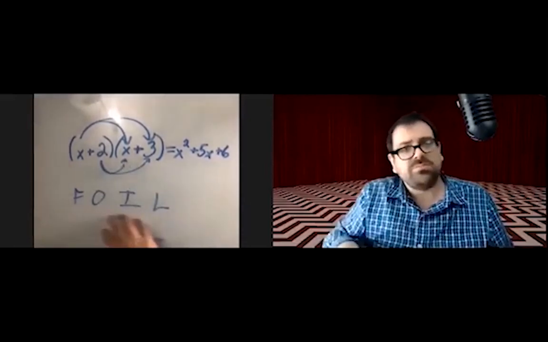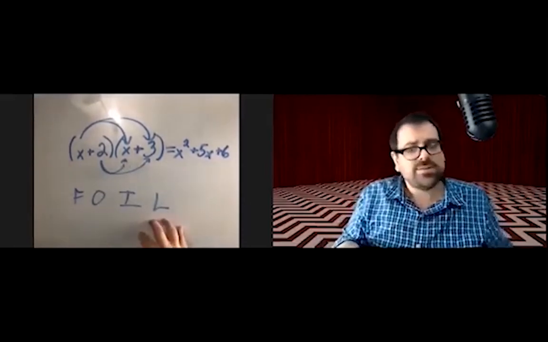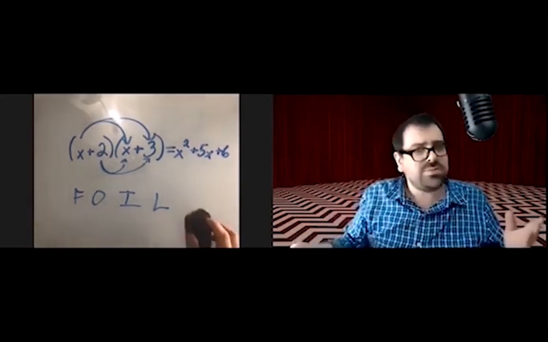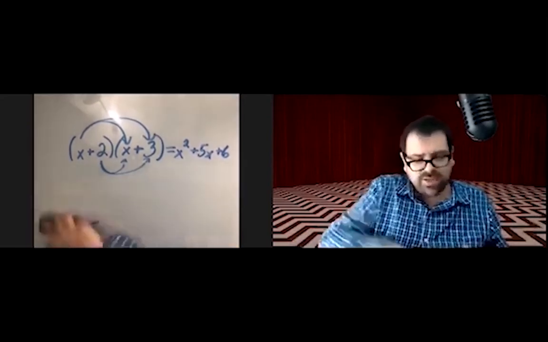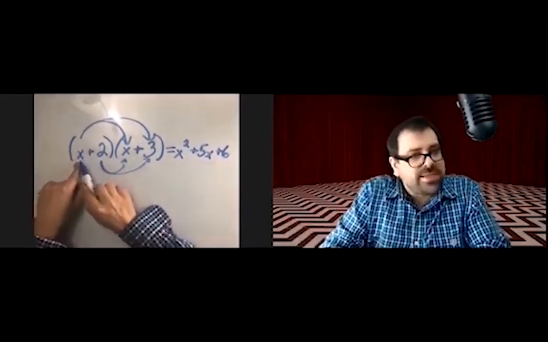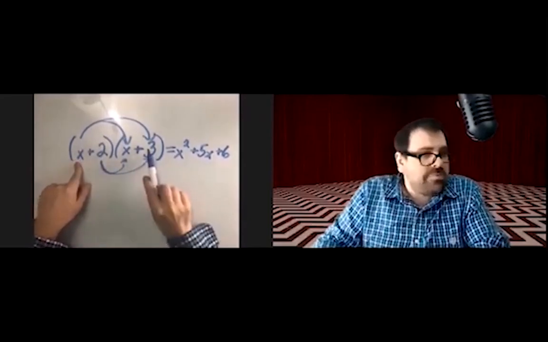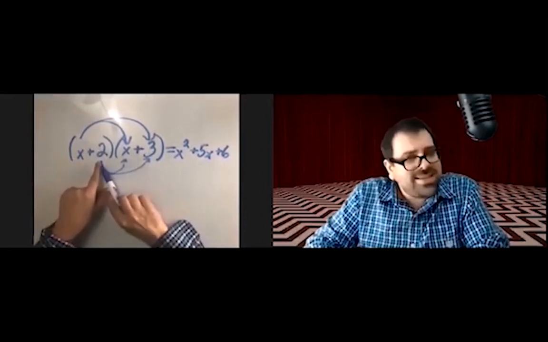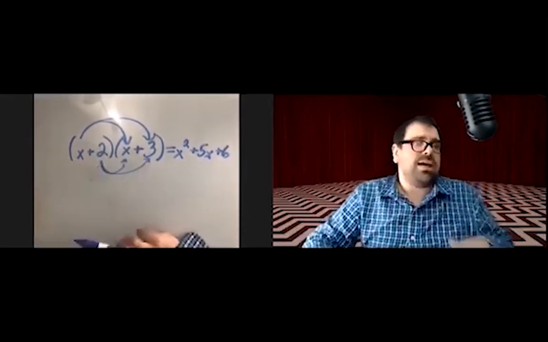But notice you don't have to remember what FOIL means. You can just do double distribution. That's all it's saying to do. It's saying, hey, take this first thing and multiply it by everything, and then take this second thing and multiply it by everything.